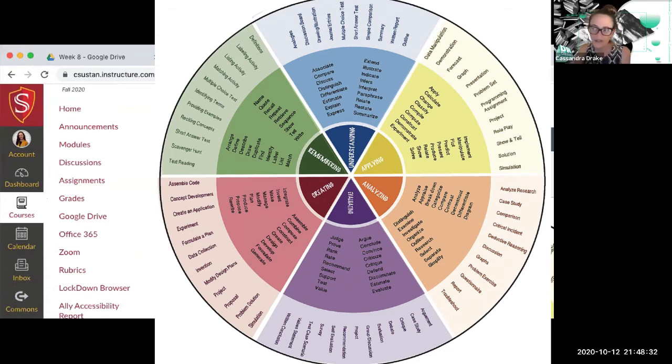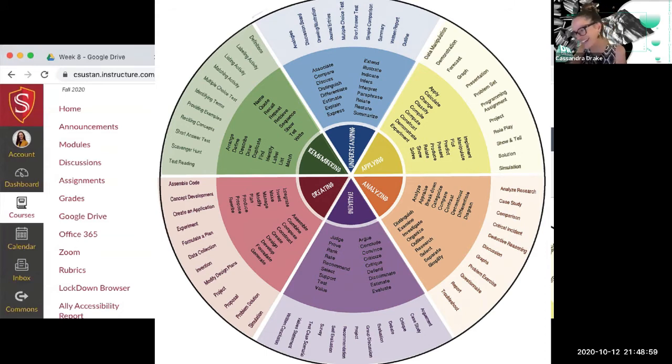What I like about this wheel when it comes to writing objectives is that it gives you not just verbs that would fit within this area, but it actually points you to a strategy or an activity that might apply to the verb that you chose. So it's almost giving you a hint towards what you could use for an assessment, which is next week, so don't worry about it.